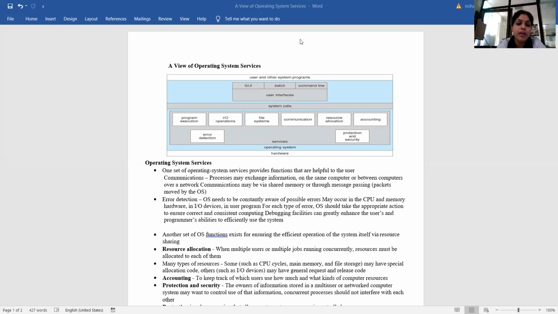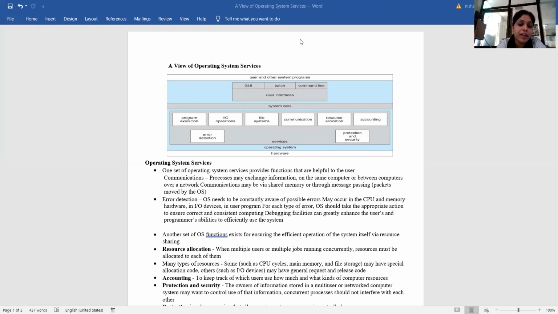So, what is an operating system? One set of operating system functions is helpful to the user: communication. In this, processes may exchange information on the same computer or between computers over a network, maybe by shared memory or through message passing, with packets moved by the OS.